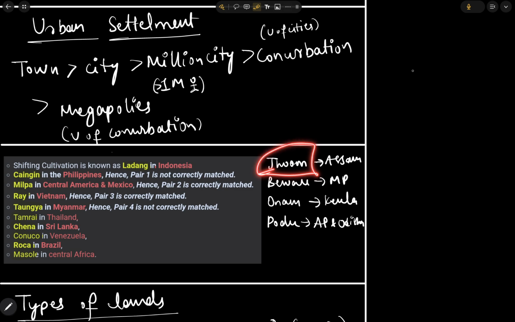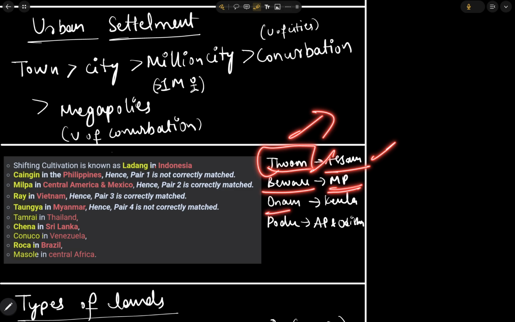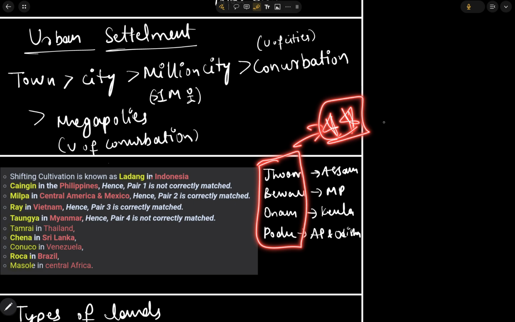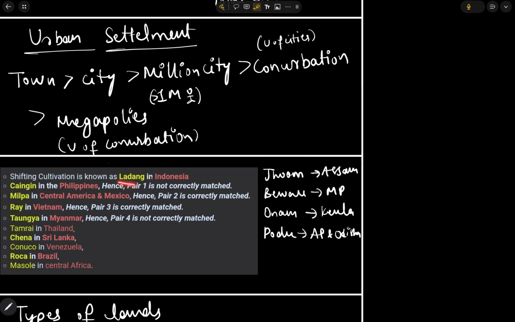We call it Jhum in Assam, Bewar in Madhya Pradesh, Podu in Andhra Pradesh and Odisha, and Onam in Kerala. This is very factual information, so we need to revise it frequently. Internationally, it is Ladang in Indonesia, Kaingin in the Philippines, and Milpa in Central America and Mexico.